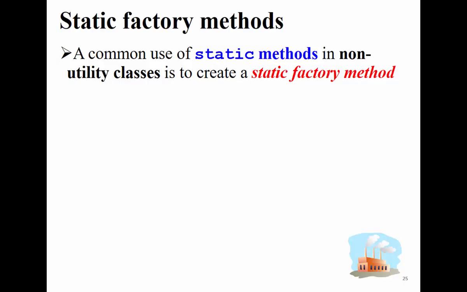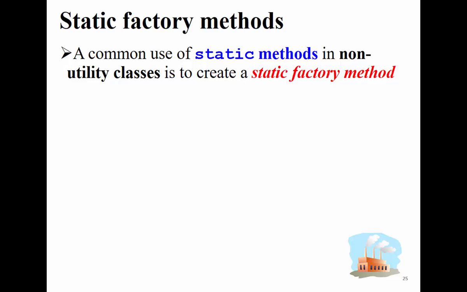Now after we discuss the static and non-static field, static and non-static method, we come to one main method. We call it a static factory method. Why do we call it a static factory method? This is a static method in a non-utility class.